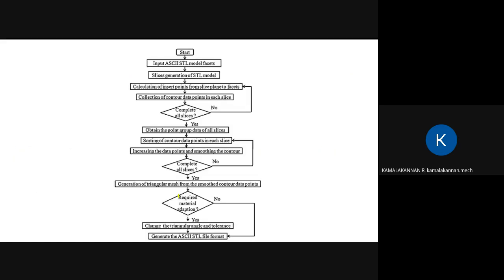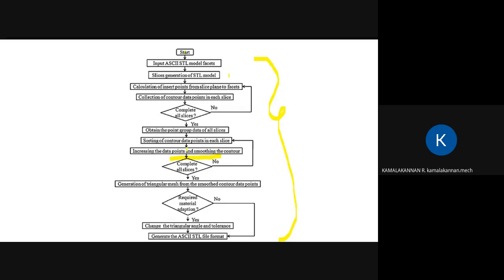See, this is the program, or the method to be followed in an ASCII format. Starting, then input the ASCII STL format model, slicing, calculation of inner points, calculation and collection, then whether it has completed all or not. If completed, we go to the next step. It has to be a smoother contour. If not, it will go again.